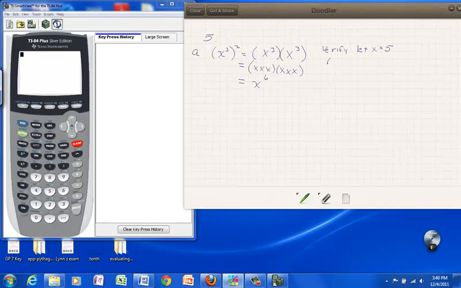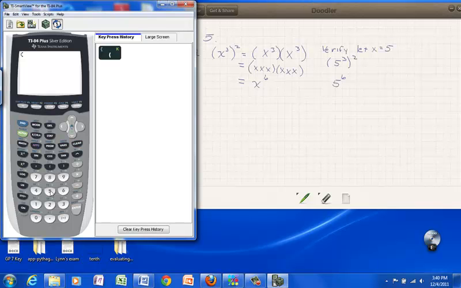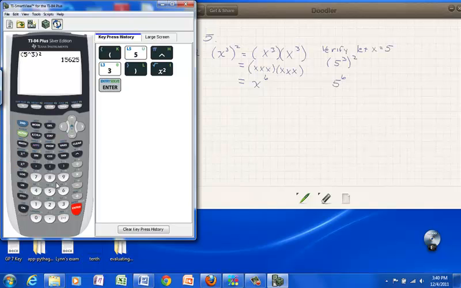The original expression had 5 to the third in parentheses and then squared. Our final answer has 5 to the 6th power. So our answers do match.